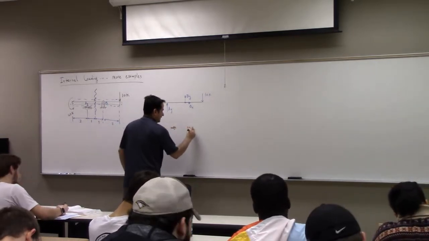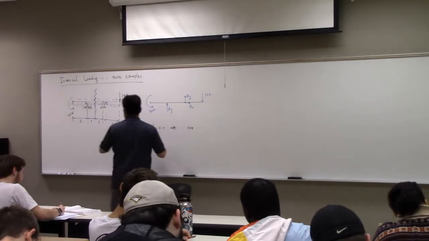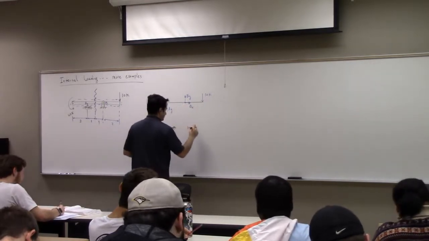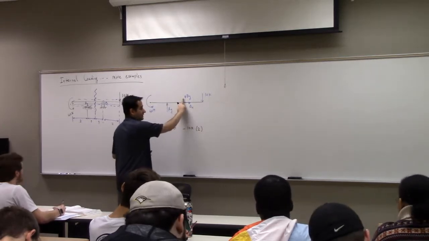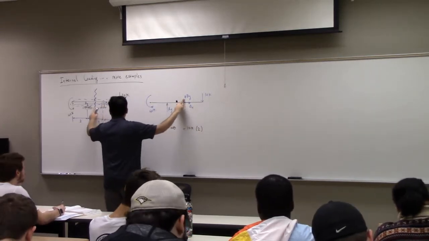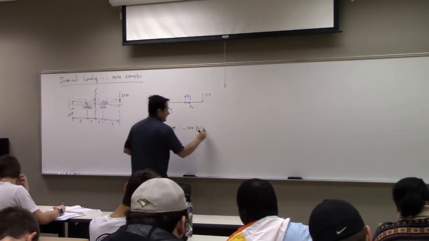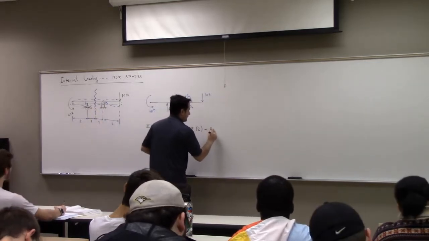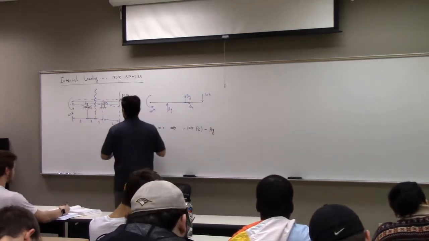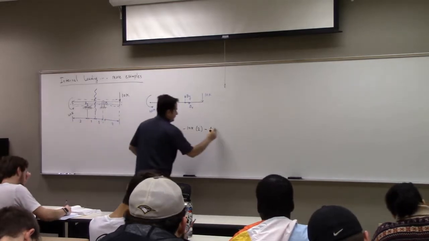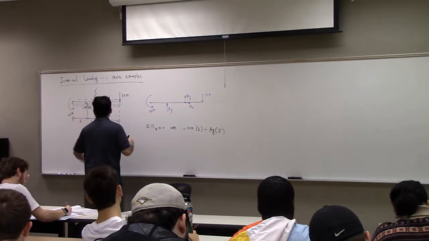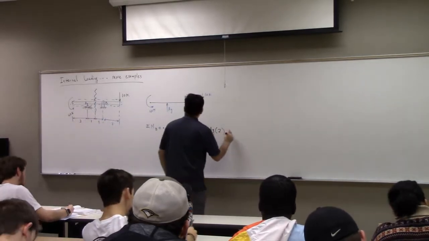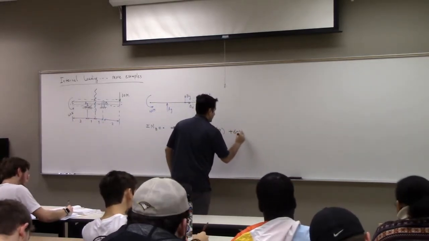So continue expanding this equation. You get 10K times this distance, which is 2, with a negative sign. Both yield 0 at the point B. And then you get negative Ay times this distance, which is 2. And then you go to say positive 60K.